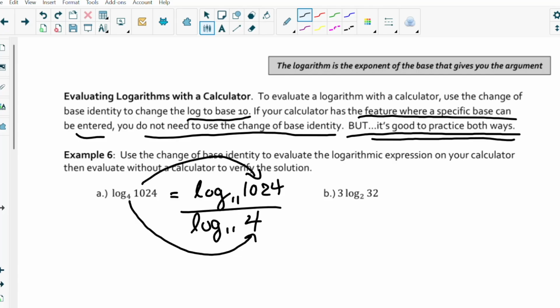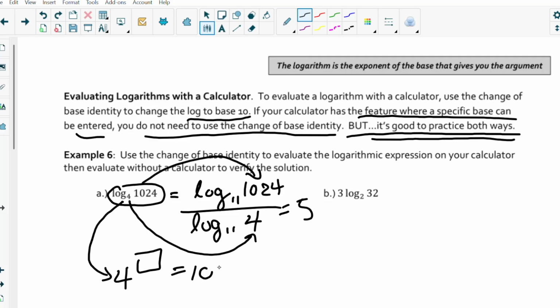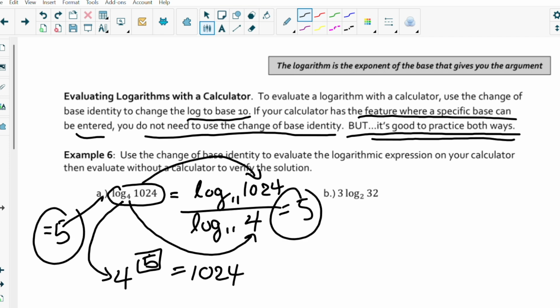So I'm going to do log base 11 of 1024 divided by log base 11 of 4, and I get 5. Well, that's saying, what's log base 4 of 1024? If I think about it, 4 raised to what exponent gives me 1024? I bet it's 5. So this equals 5.